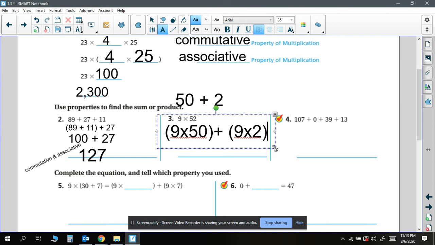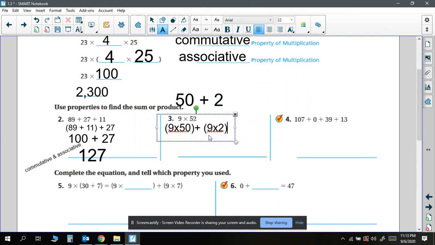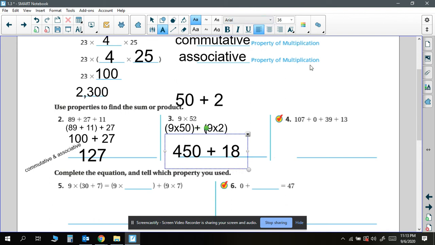Okay, if I do that, I use the distributive property. Now I can do 9 times 5 is 45, and add the 0, it's 450, plus 9 times 2 is 18.